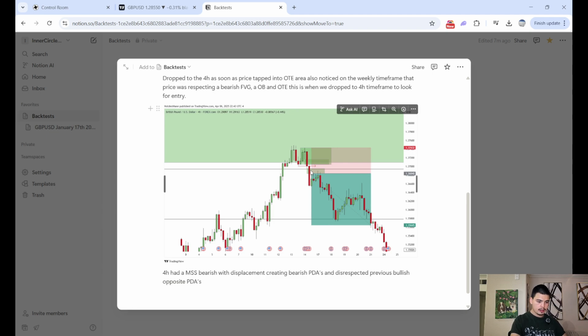data. Opposite PDAs presenting a reversal opportunity, period.